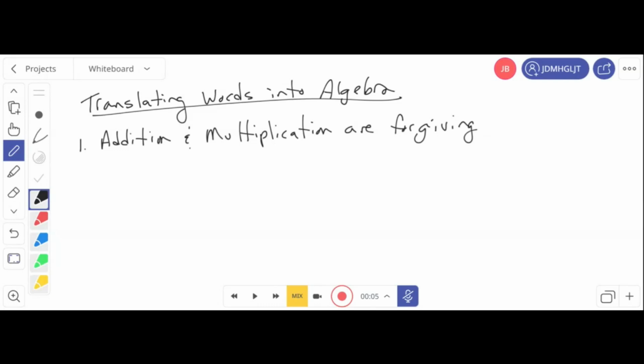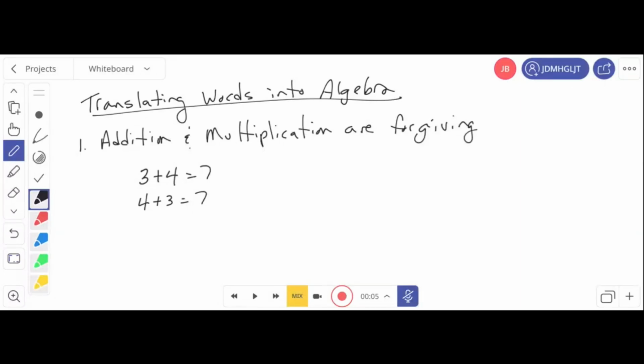addition and subtraction are forgiving. What I mean by that is, if I take 3 and I add 4, I get 7. But if I take 4 and add 3, I still get 7. It doesn't really matter which number comes first when I'm adding.